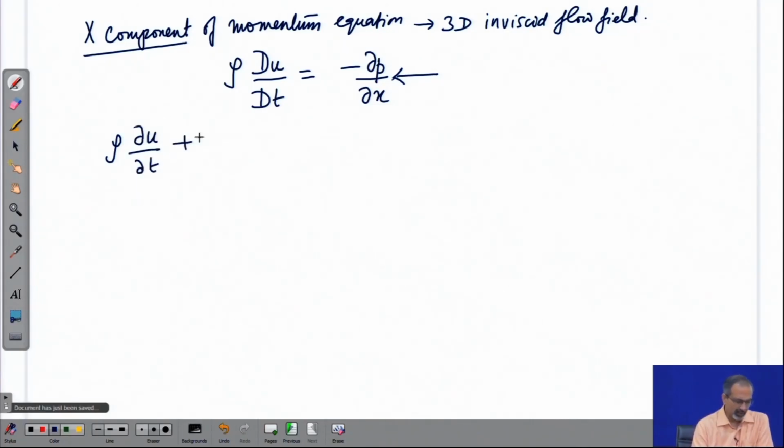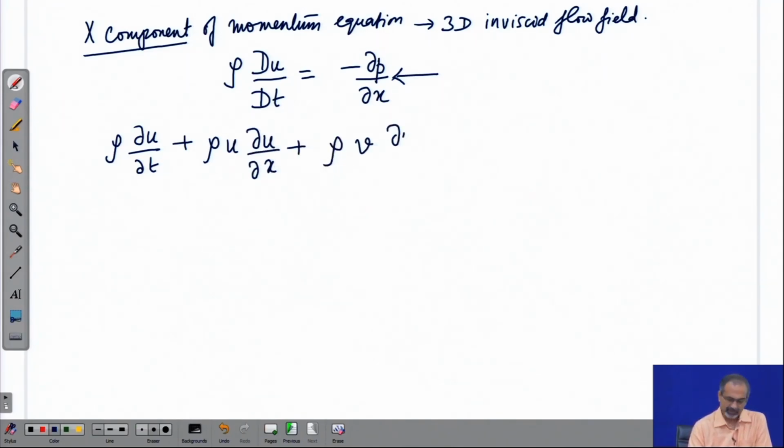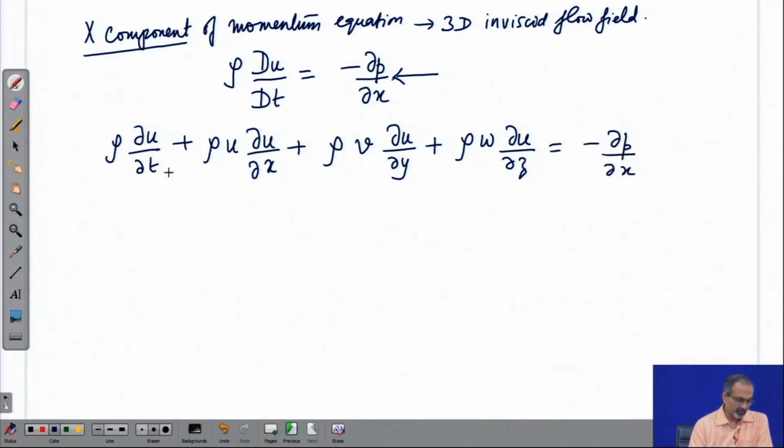We know how to expand the substantial derivative. We know the operator, and that operator is now applied on u. So, based on that, the local derivative and the convective derivatives put together give you 4 terms on the left hand side.